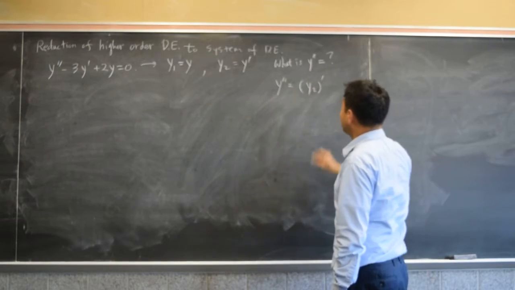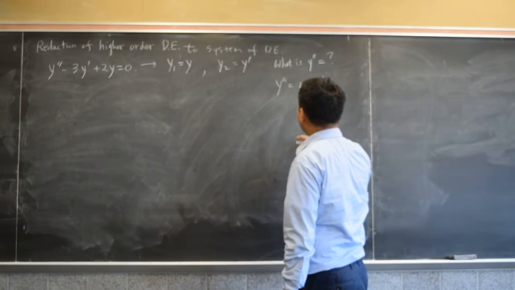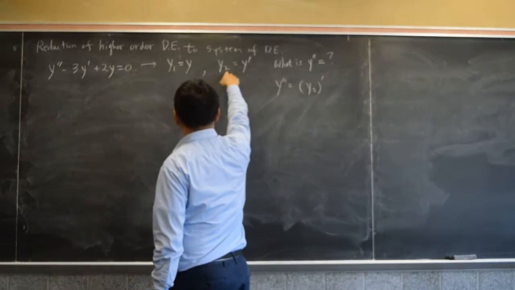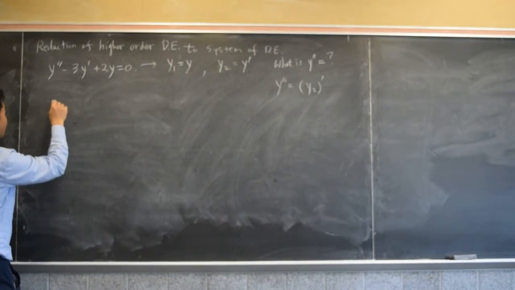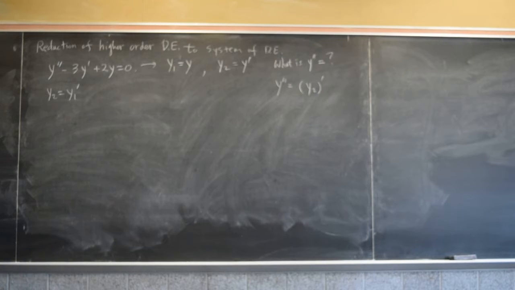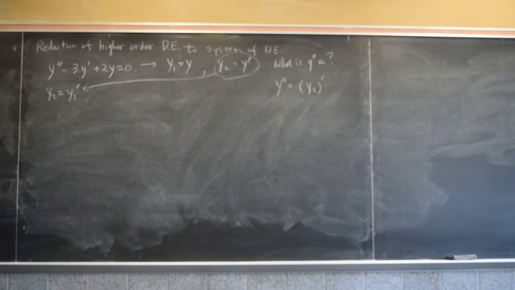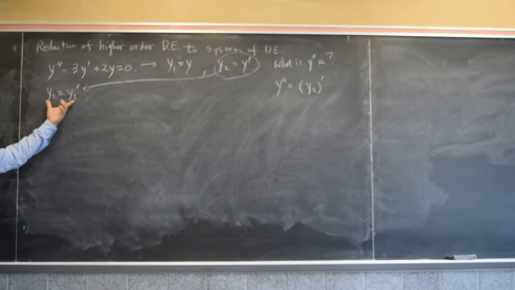And because y2 is the derivative of y, and y is equal to y1, you have the following identities. First, y2 is y1 prime. That's just from this step. Because y is the same as y1, this is the first thing that you get immediately. Whenever you change a second order differential equation to a system of first order, this is always there.